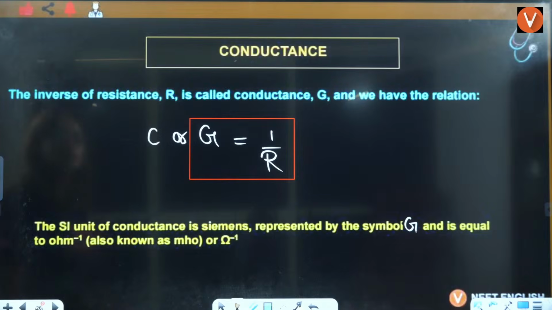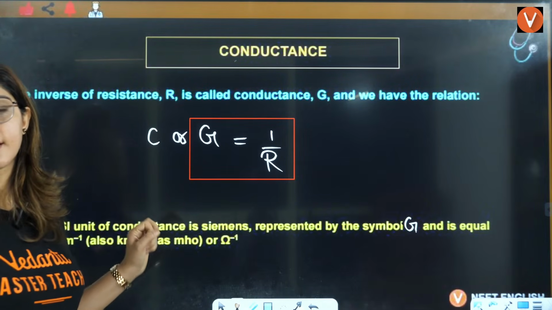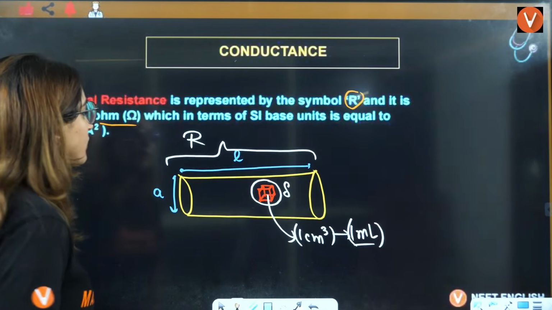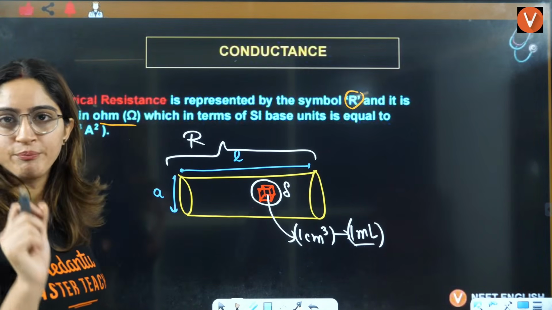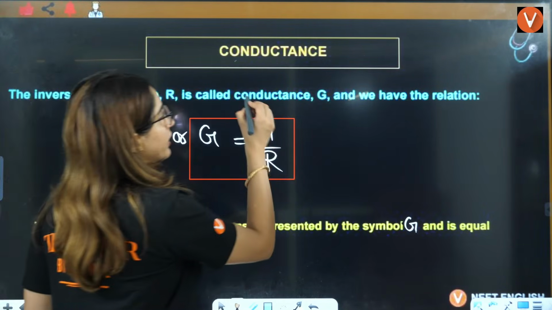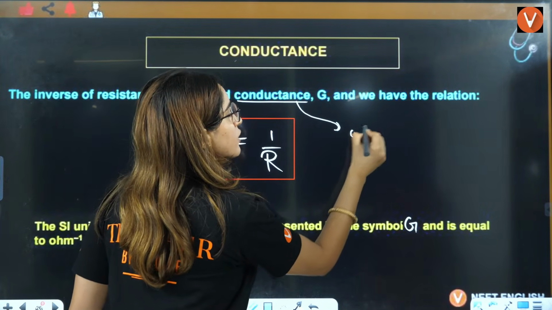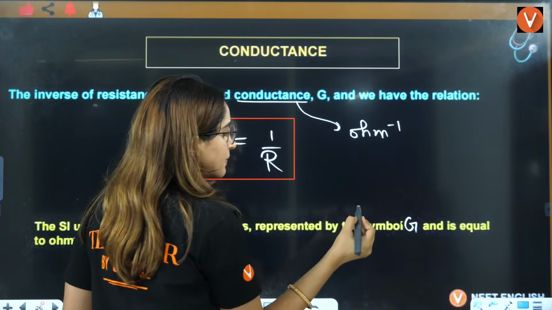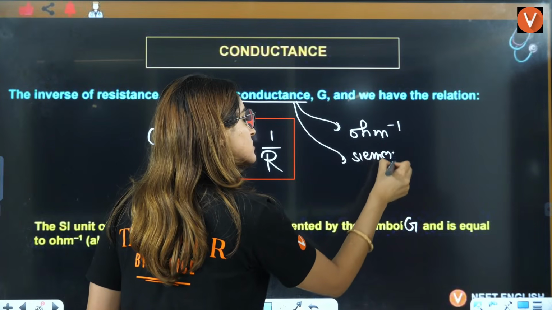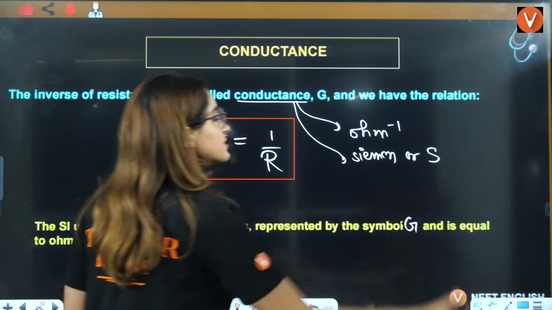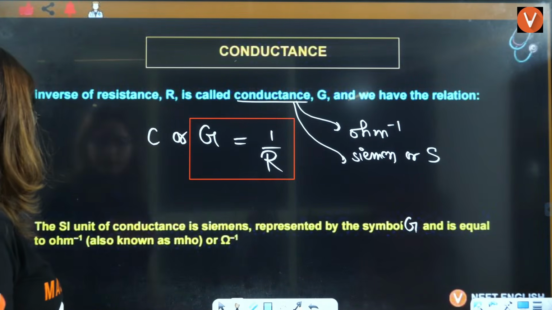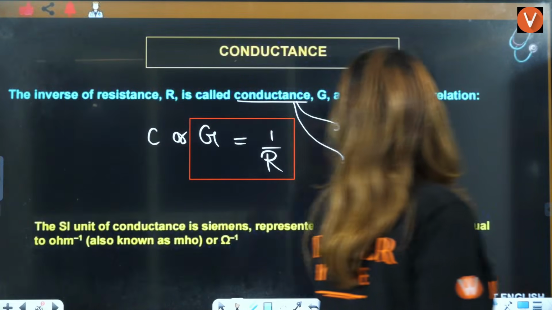So that defines the conductance. Now, the unit of resistance is ohm, so the unit of conductance is going to be per ohm. That is also called Siemens, defined as capital S. Wait a minute, they are talking about the unit here, my bad.